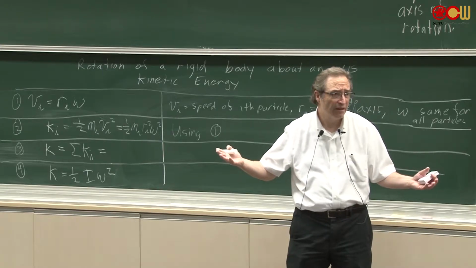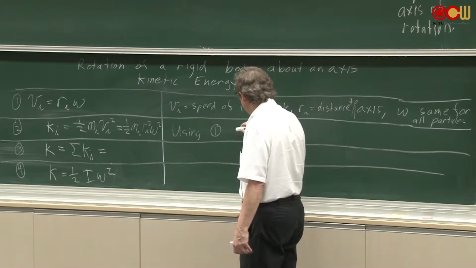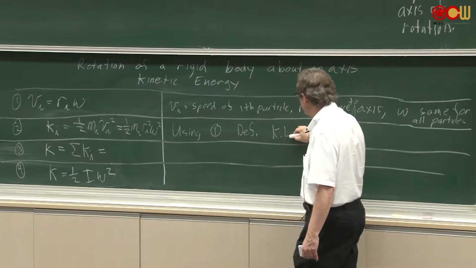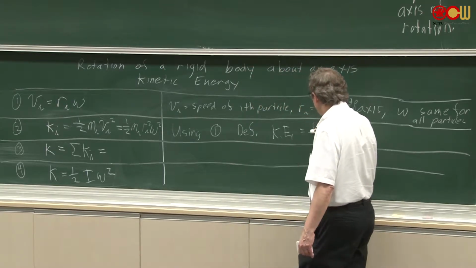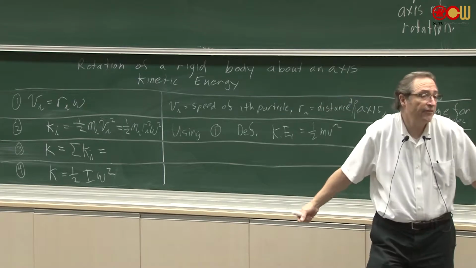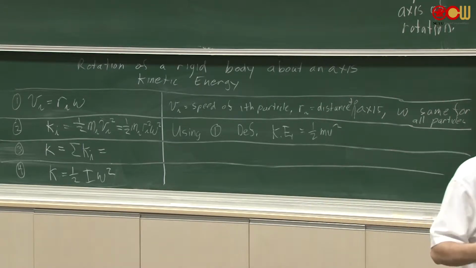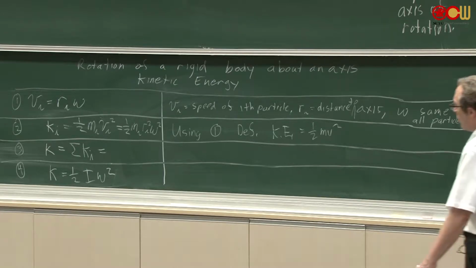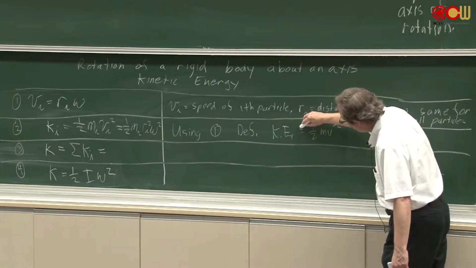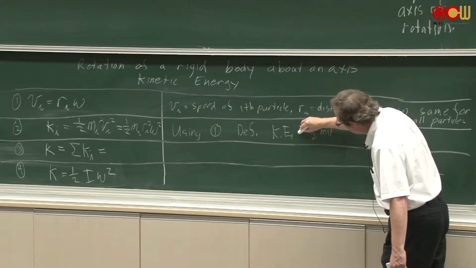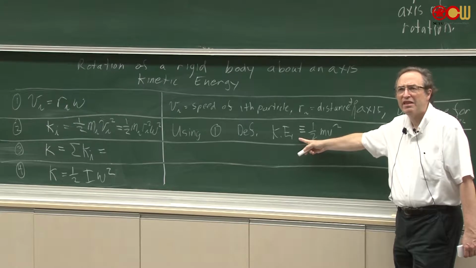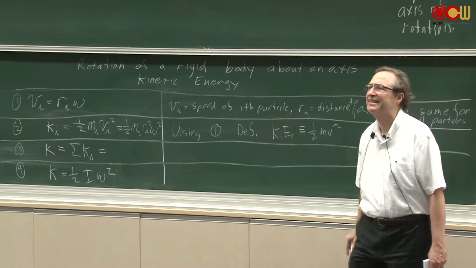That's a definition. So we're using a definition for kinetic energy, and one way we can write that is with 3 lines. If we write 3 lines there, that means it's a definition.